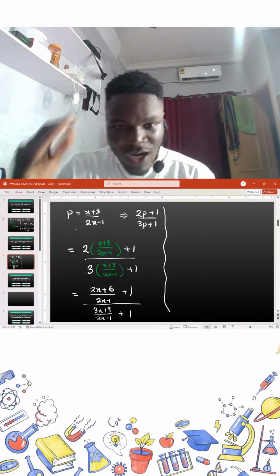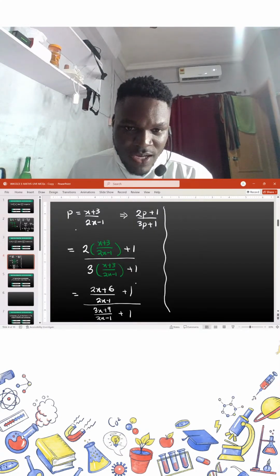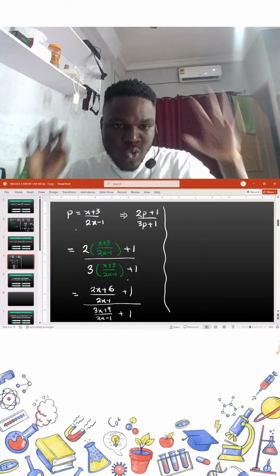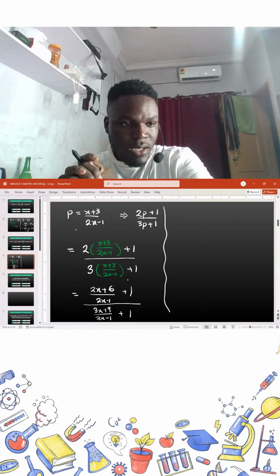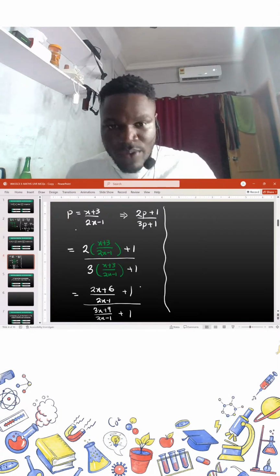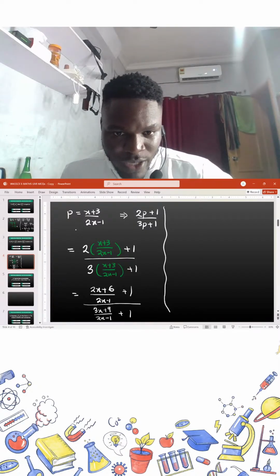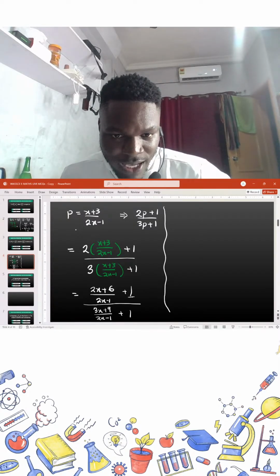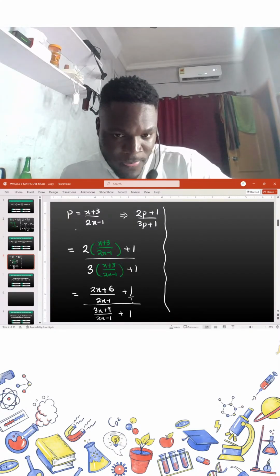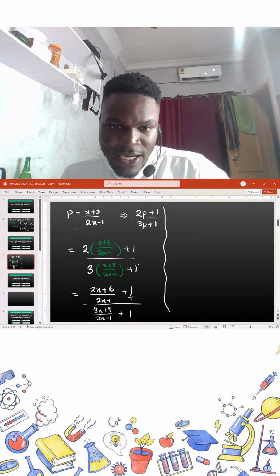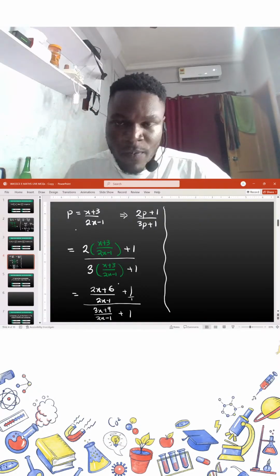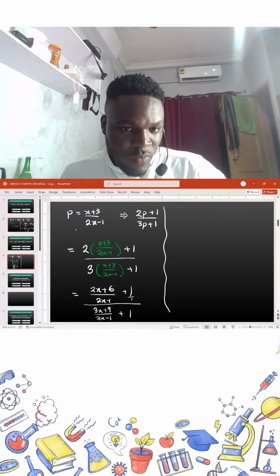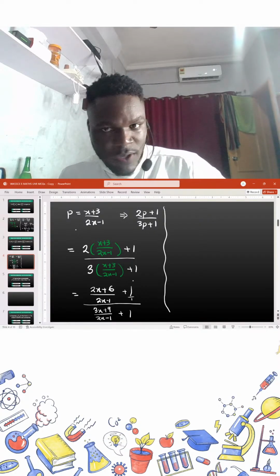All right. So now that we have this, the expression at the top, we need to solve it and then solve the one at the bottom and then put them together. So that is what we are going to do right now. The expression at the top has a denominator of 1 here, and this one also has a denominator of 1, so we are going to treat it like that. The LCM for the top is the denominator over here, which is 2x minus 1.